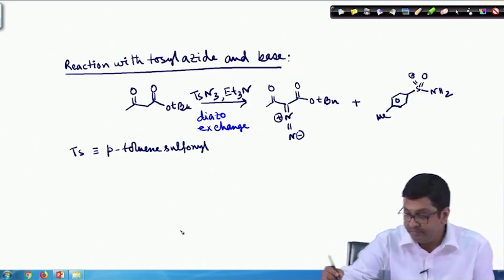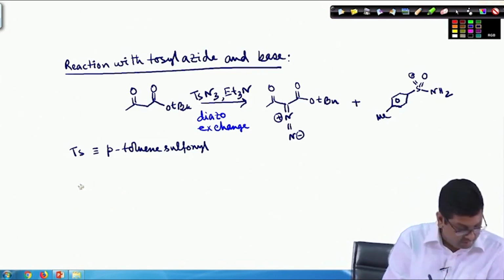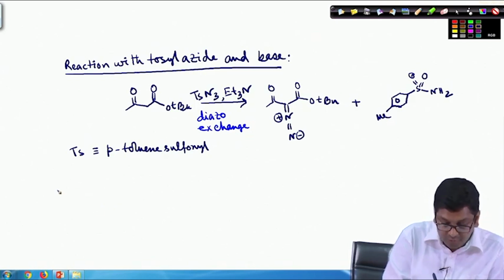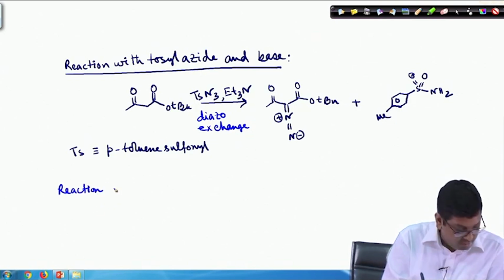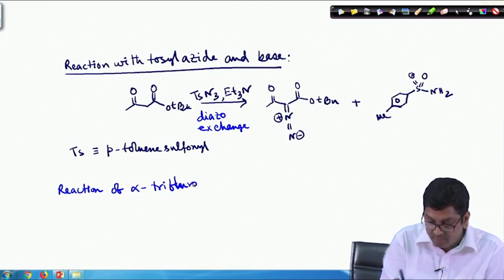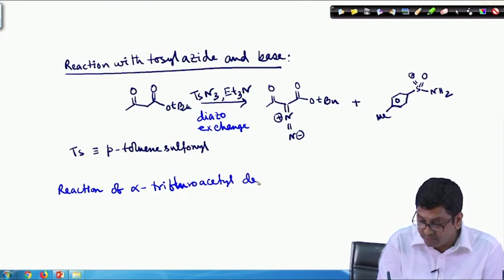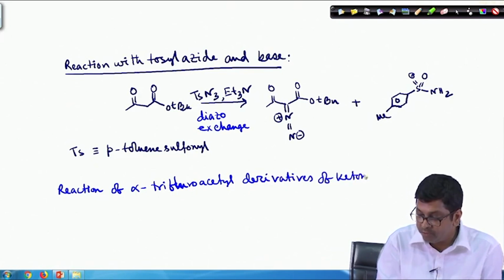As per example, so here we can write the reaction of alpha-trifluoroacetyl derivatives of ketone.